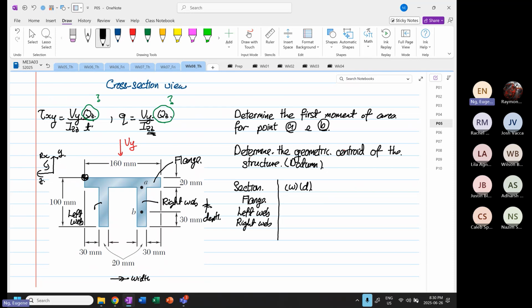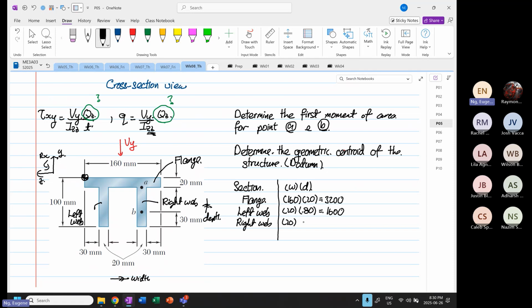So the width is 160. The depth is 20. So this is equal to 160 times 20, so 3200. Our left web, the width is 20, the depth is 80. So 20 times 80 is equal to 1600.